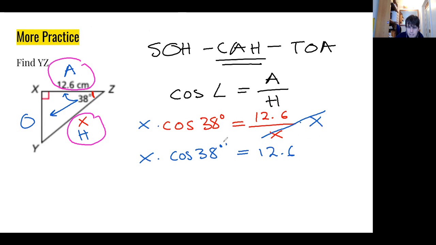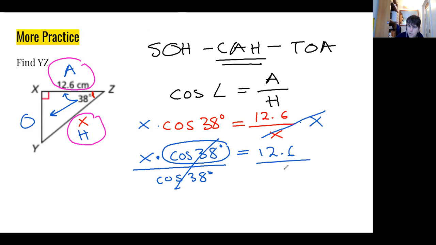Now remember, this is just a number, some sort of a decimal. To cancel out this multiplication, we just have to divide by that number, by the cosine of 38. Cancels out, and we do it on both sides. And this should be our answer. Whatever we get in this calculation is what X is going to be equal to. We are going to get X equals something here.